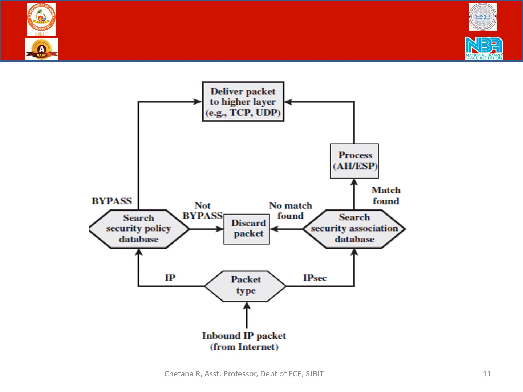It checks in the association. If it is not matched, it will be discarded. If a match is found in the Security Association Database, it will process using the authentication header and ESP, and the packet is delivered to a higher layer, and the higher layer here is the TCP or the UDP protocol.